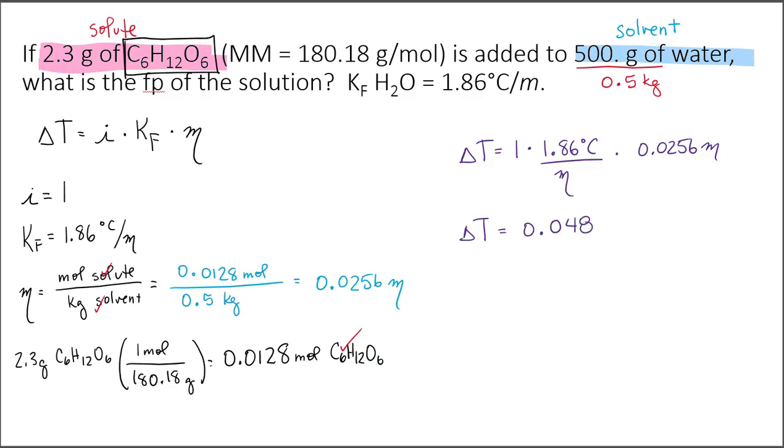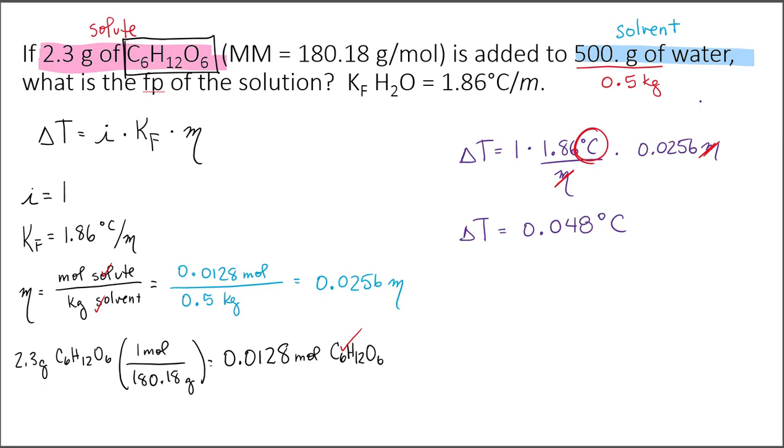Let's focus on units first. Molal cancels with molal. We're left with units of degrees Celsius. But here's the thing: that's not your answer. What is the freezing point of the solution?